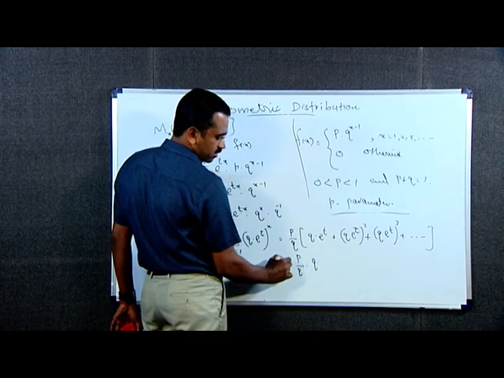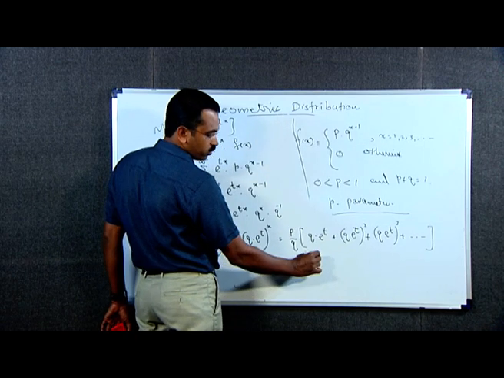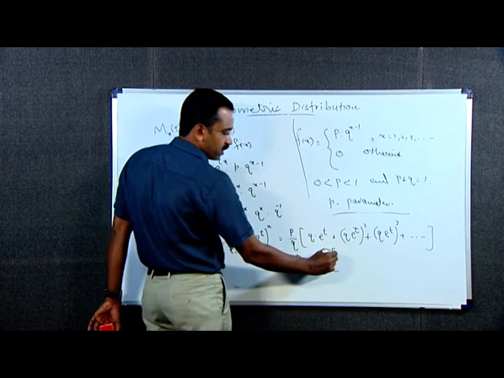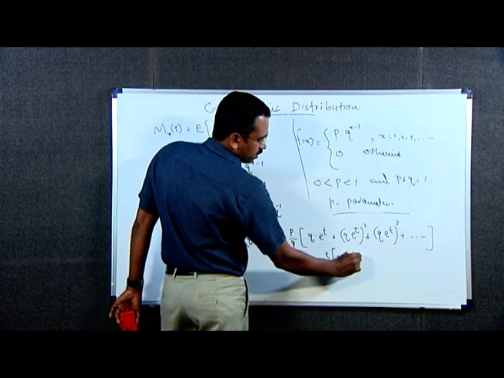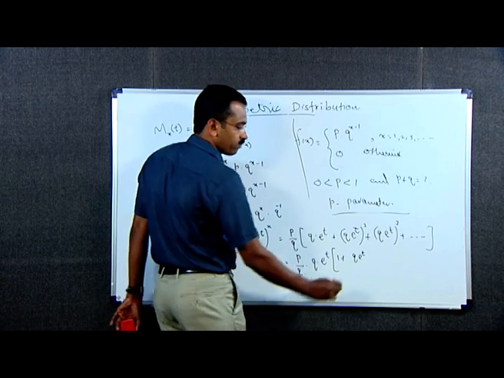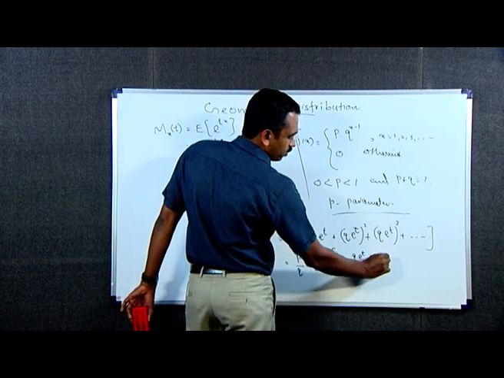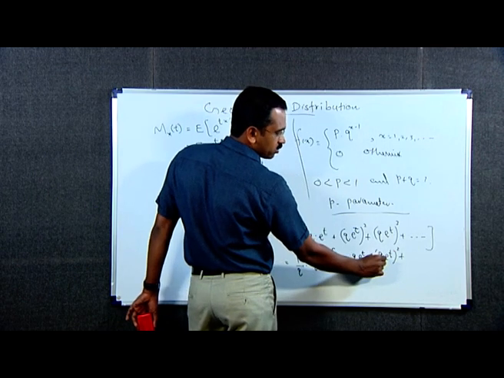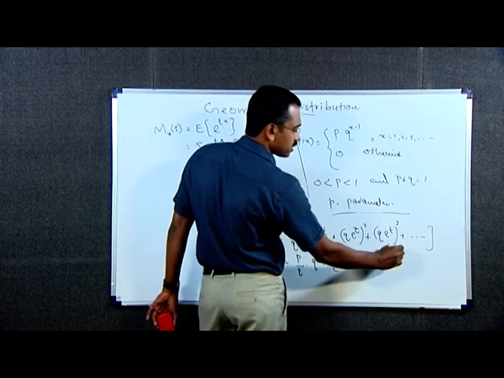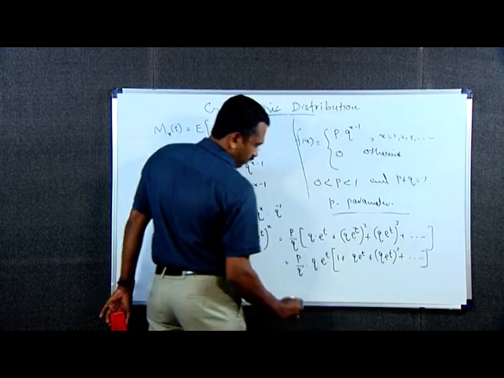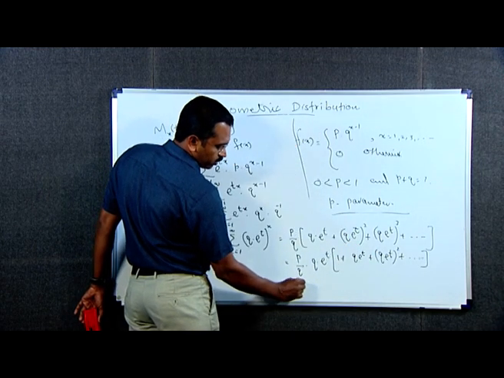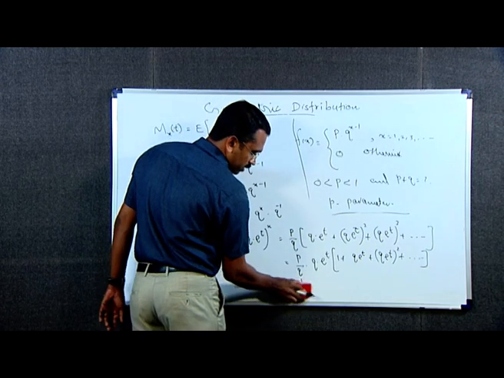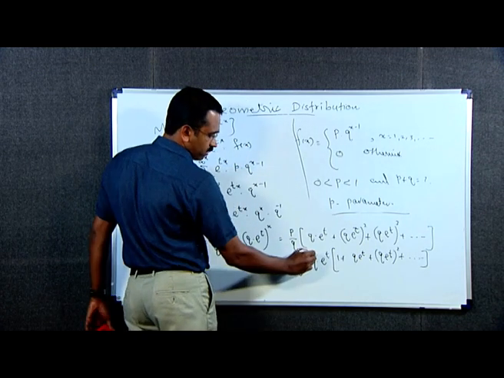Therefore, this is equal to p by q into q e raised to t into 1 plus q e raised to t plus q e raised to t the whole square plus next is q e raised to t the whole cube plus etc., which is equal to p by q into, here q and q can be cancelled.